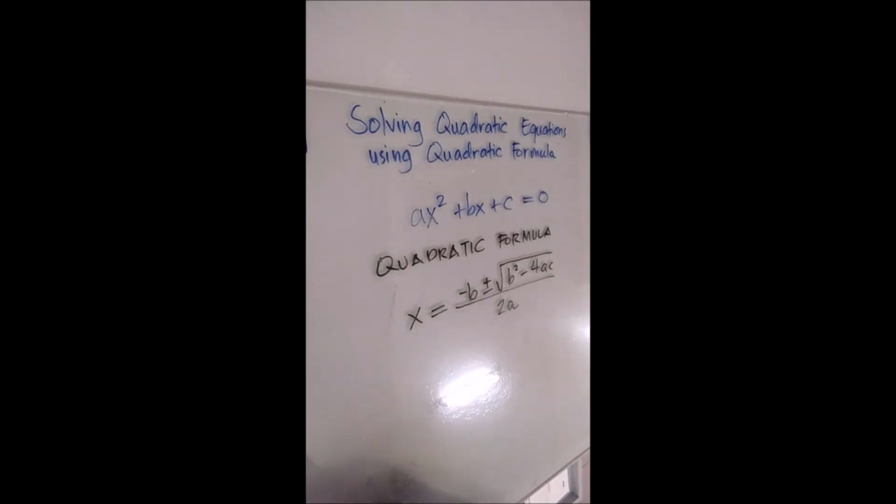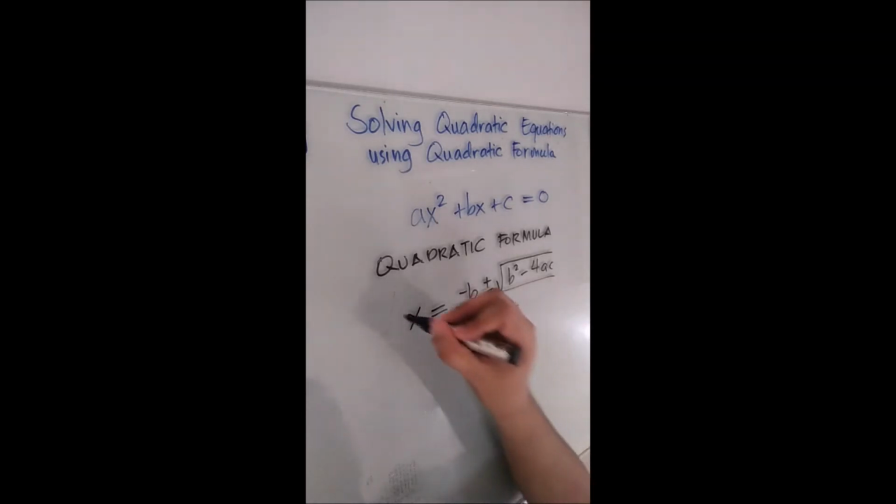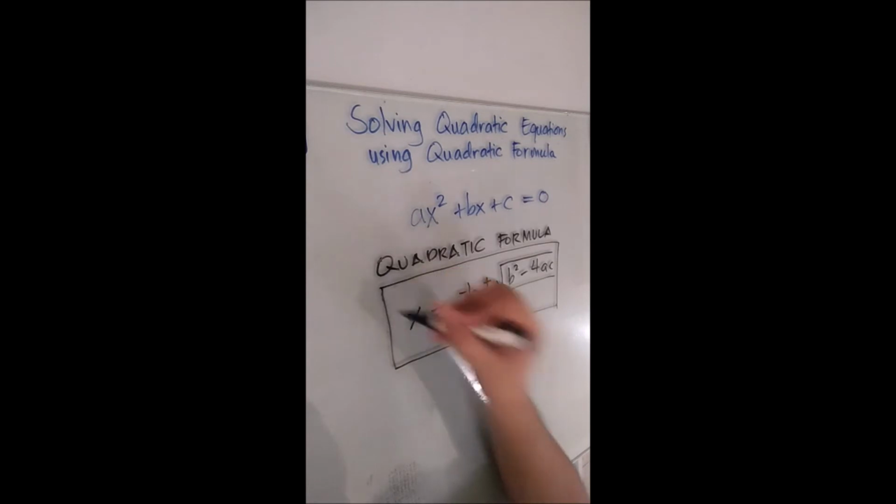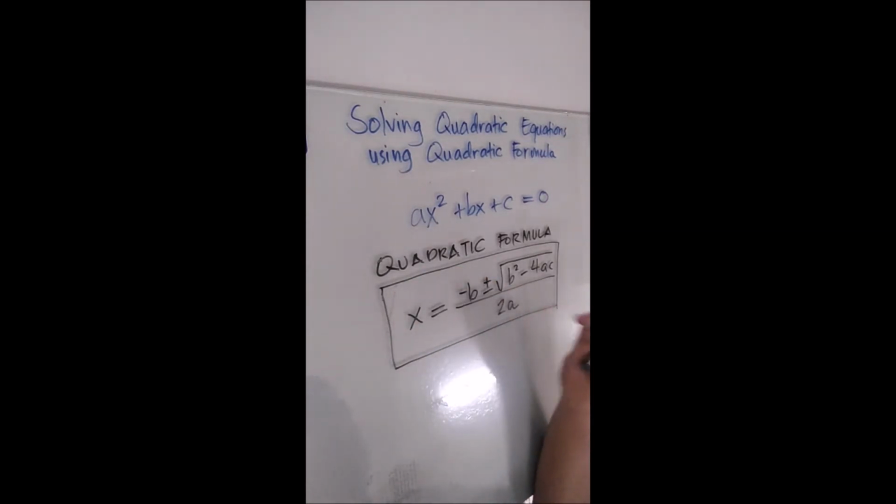You're going to become familiar with this formula, so always remember it. If you forget the other three methods, factoring, extracting the square root, and completing the square, this formula always comes in handy.